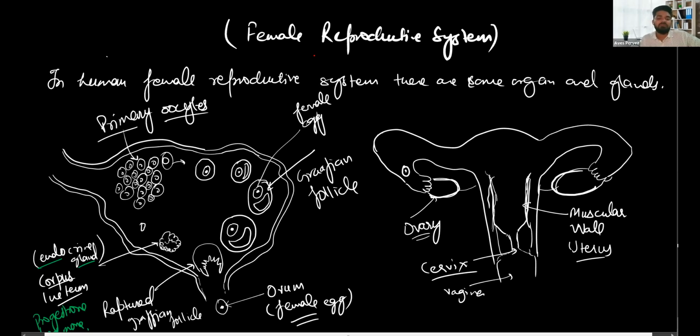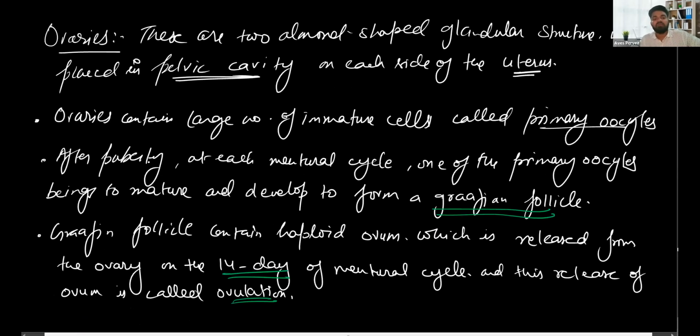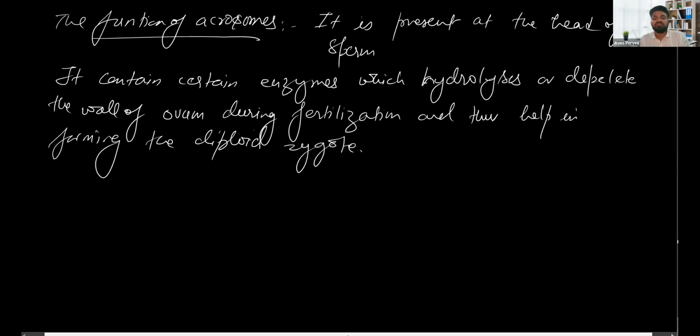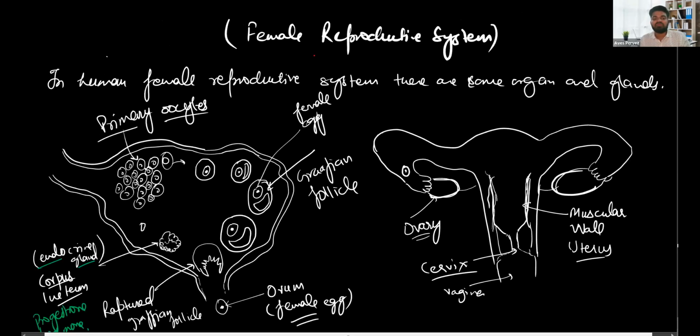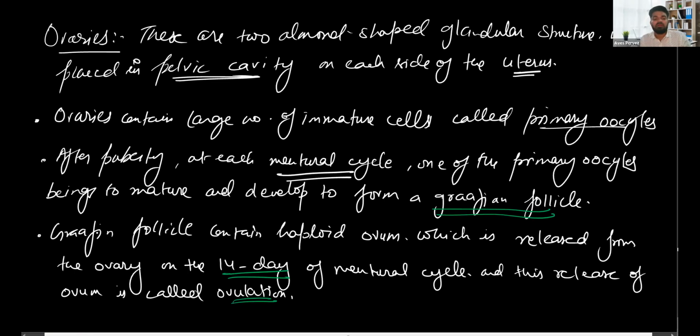Okay, understood? After puberty, at each menstrual cycle, one of the primary oocytes begins to mature and develop to form a Graafian follicle. Means one of the primary oocytes which was present since childbirth starts maturating at the first menstrual cycle. We can say this is an indication of the start of the menstrual cycle.